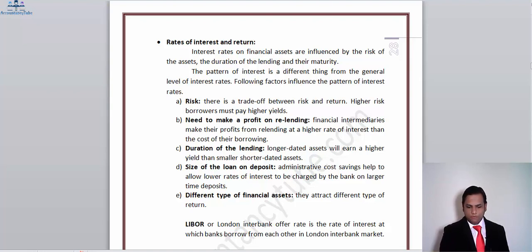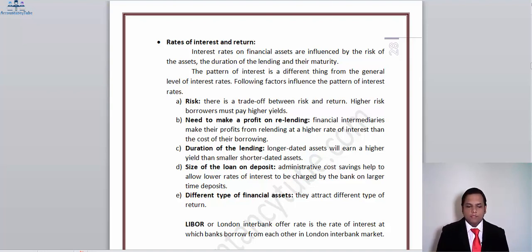Size of the loan or the deposit. Administrative cost saving helps to allow a lower rate of interest to be charged by the bank on larger time deposits. It's basically relevant to the term deposit. Now what happens is that banks, especially towards the end of the year, offer special arrangements to the big fund holders, from whom they expect that they can invest in their bank.